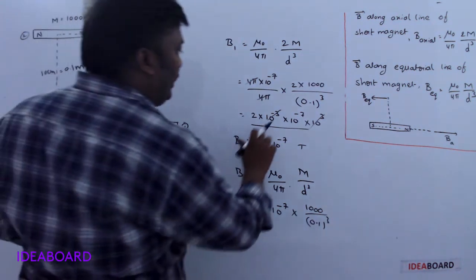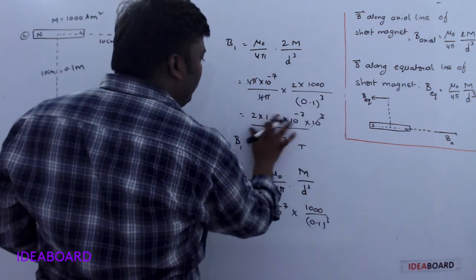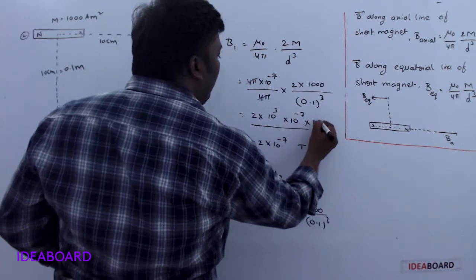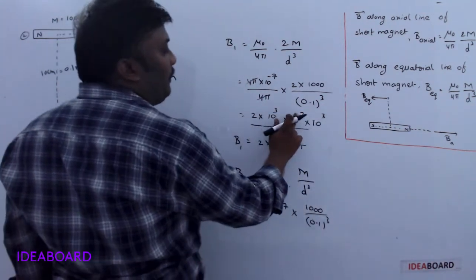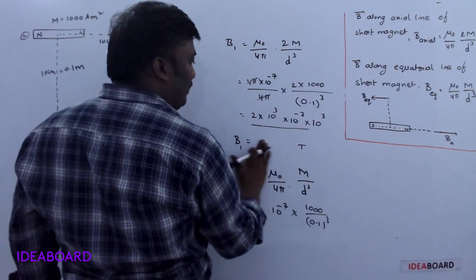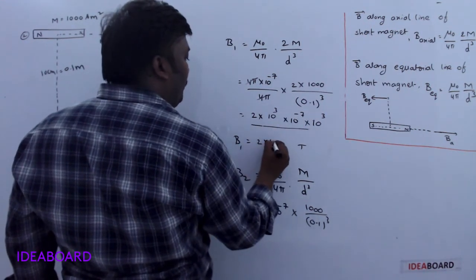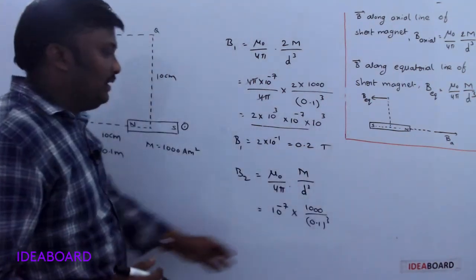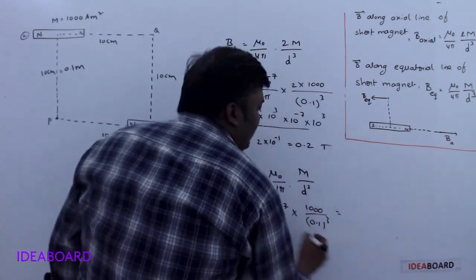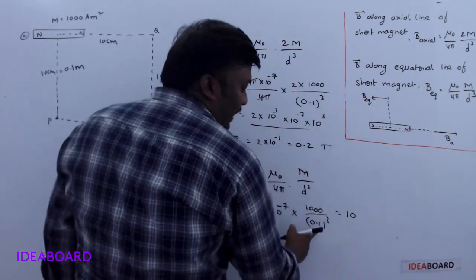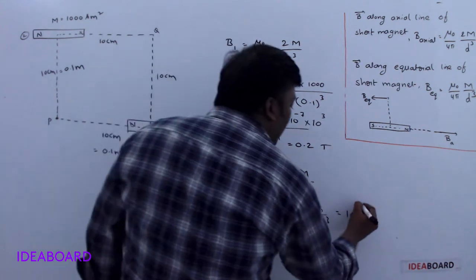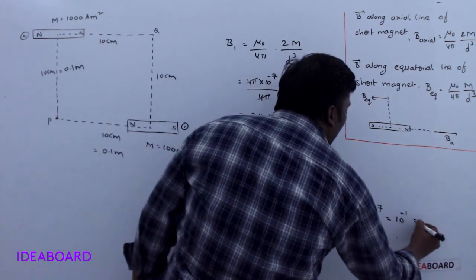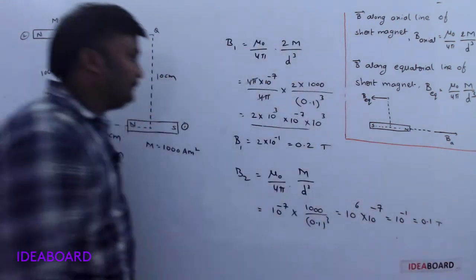Okay, sorry, here I made a mistake. Now this is 10 cube and this is 1 by 10 cube, so 10 power 6 into 10 power minus 7, that is equal to 10 power minus 1, 0.1 Tesla.